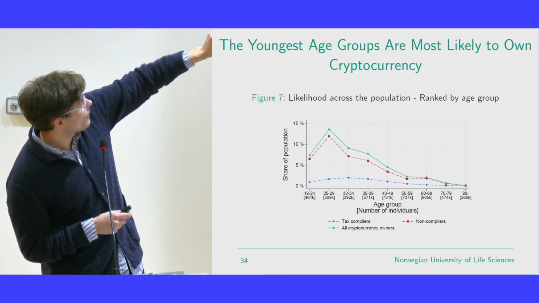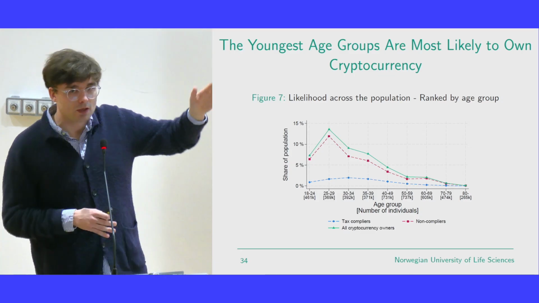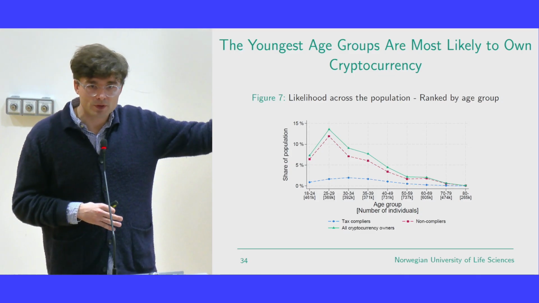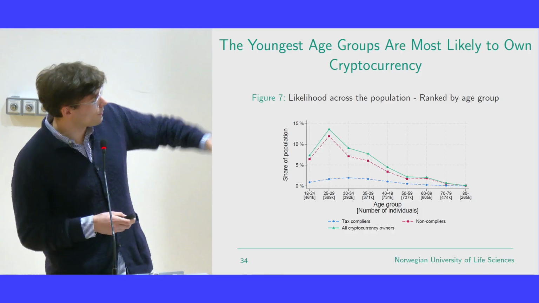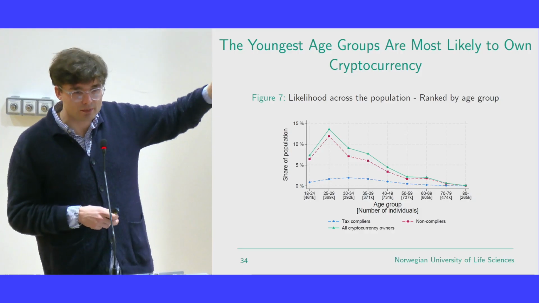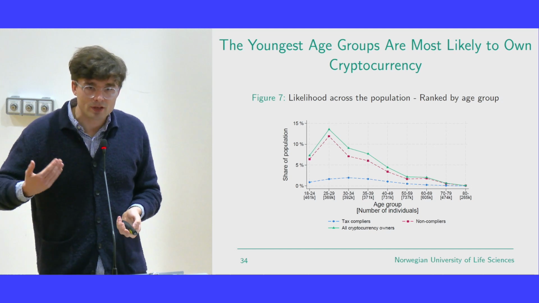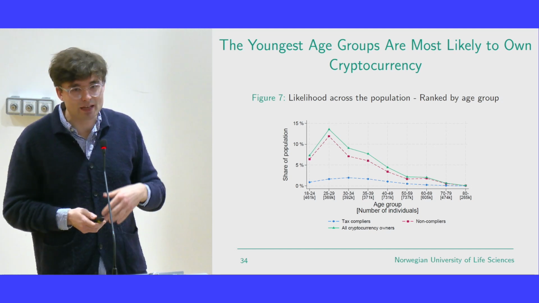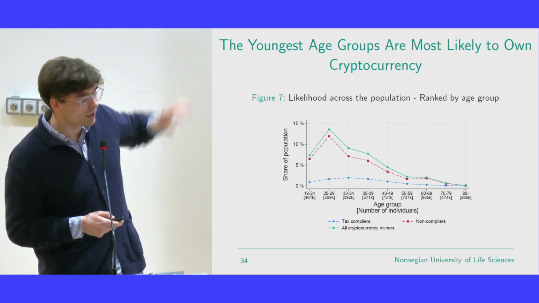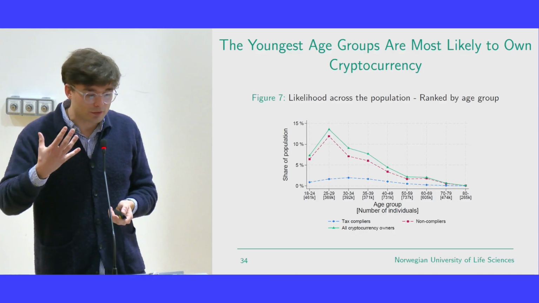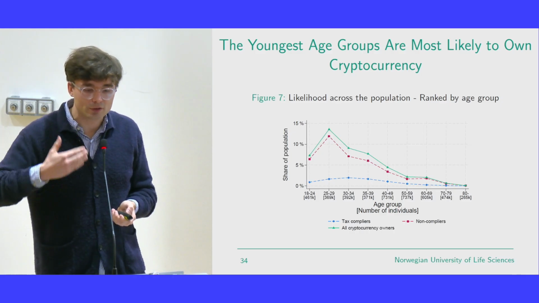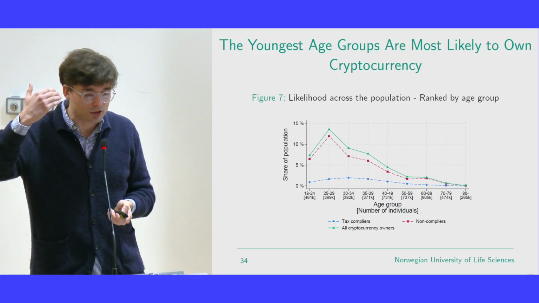It's the group below 30. So you have a lot of people underreporting below the age of 30. Also someone above 60, but that's not as meaningful. And in dollar terms, the under 30 is not as meaningful either. It's mainly in the group 30 to 39 and you see these large fortunes.